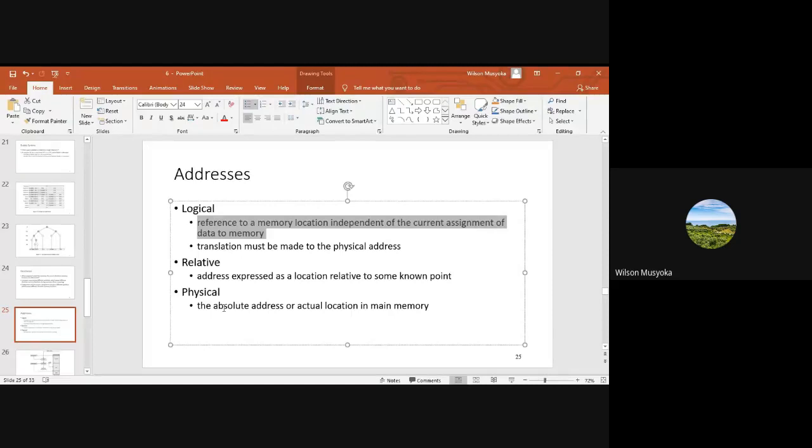It will just be pointing. This is just a pointer showing that, yes, this is the address, but it is a reference to the actual location. That is why it is called logical, because it is not real. The real one is the physical location where this process or the data is stored, but it is pointed to by the logical address.